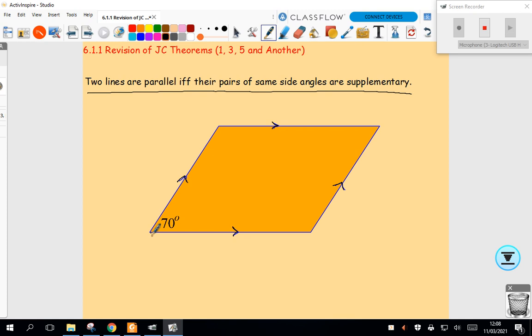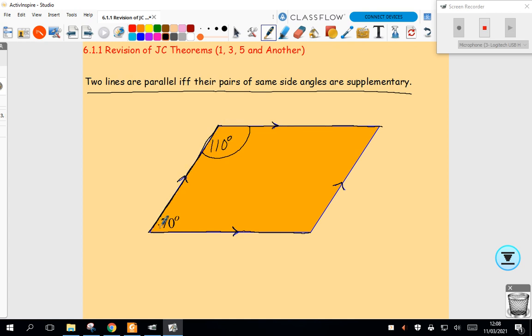If I take this line segment here, which is just part of a bigger line, and this line segment, we can think of this side as being a transversal to those two sides, which means their pairs of same side interior angles are supplementary, so this has to add to this to give me 180 degrees, so that has to be 110 degrees.